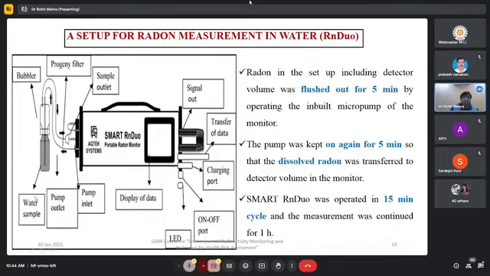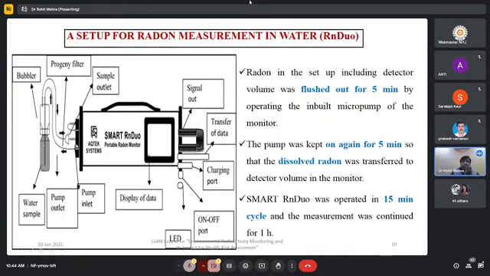There is a water sampler. Bubbling means that within the bubbler you can generate bubbles from the water, and the radon from the bubbles will enter, and there is a pump inlet. Once it enters, there are detector assemblies placed here, and then finally you get the signals.